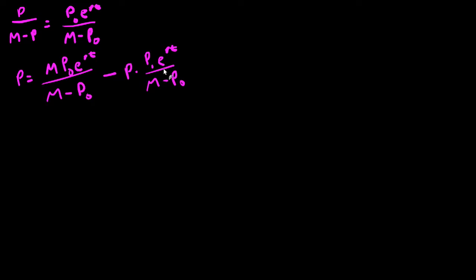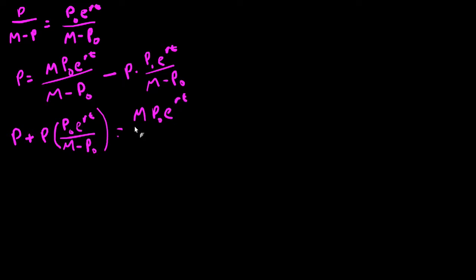I'm going to add this to both sides to get all of the p's, the variable p, on one side. So I get p plus p times p naught e to the rt over m minus p naught, and that's still going to equal m p naught e to the rt over m minus p naught.